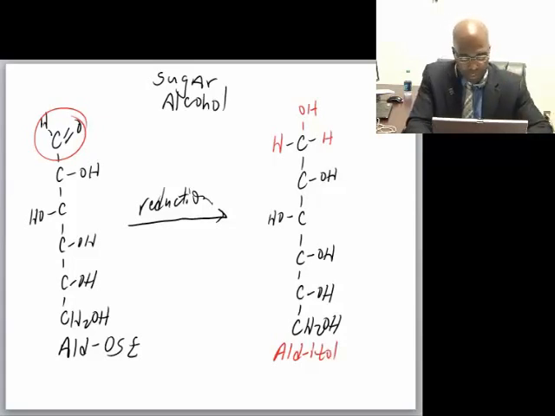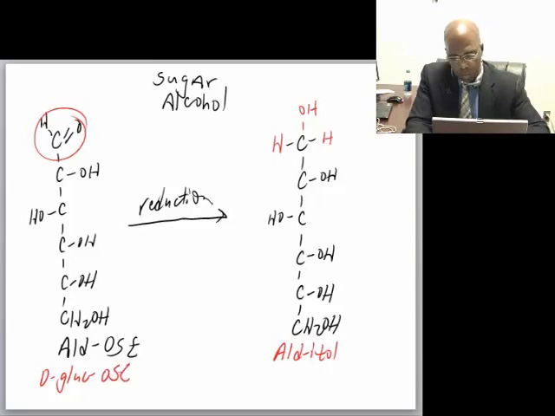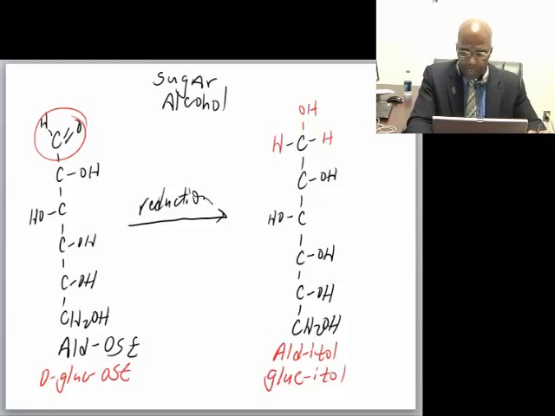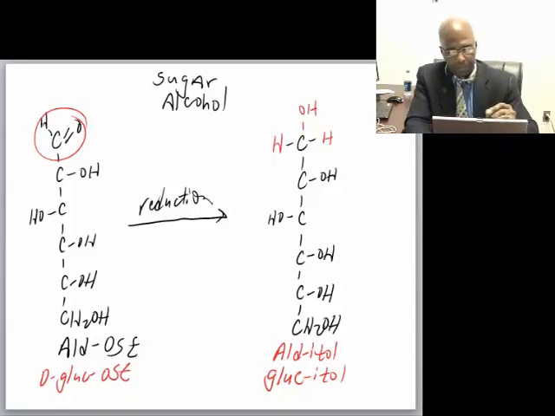An alditol. And so since this is D-glucose, we create glucitol. And glucitol is a sugar alcohol. Now, glucitol is known by a more common name, and that is sorbitol.